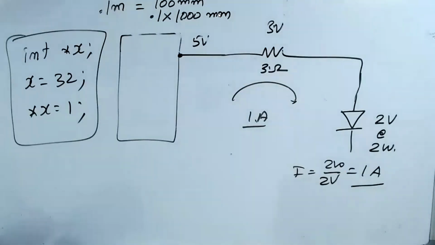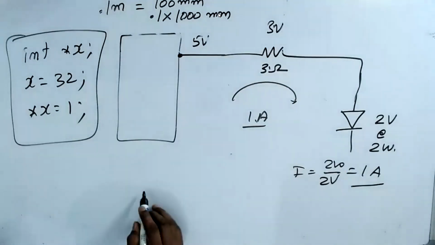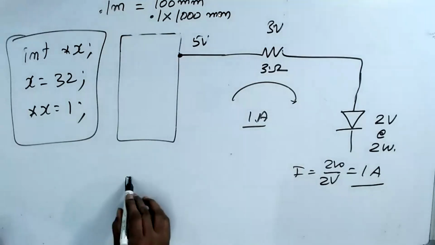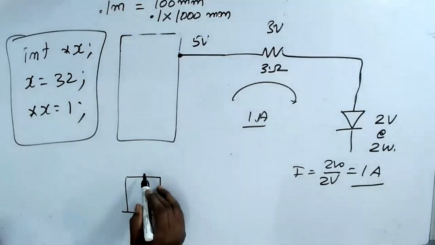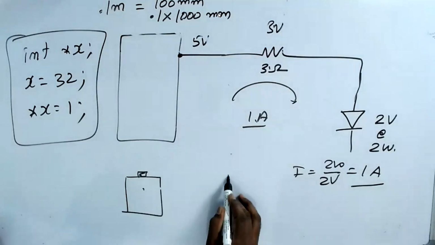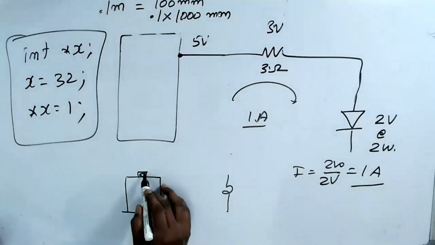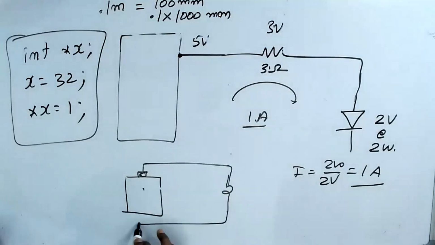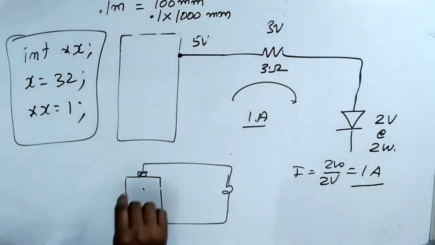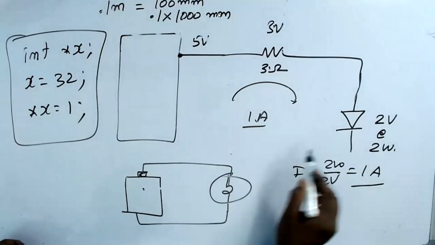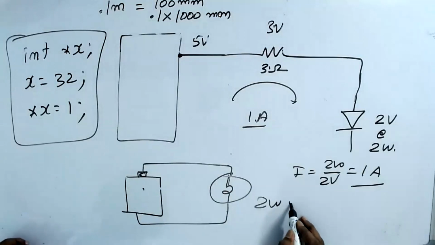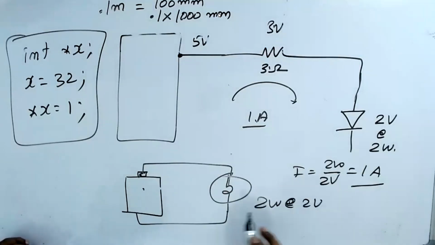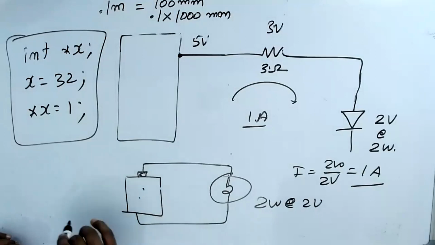Everything is fine. Here is a problem. Let us assume that I have a battery, and I have a bulb, and I connect it to the battery. There is a rating, like how a bulb has a rating, 2 watts at 2 volts. The battery manufacturer will give a rating.